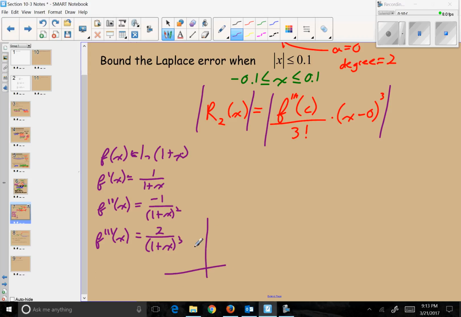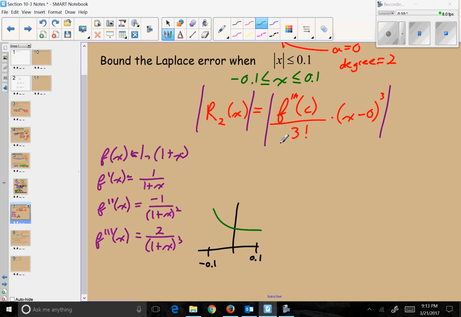Now, the general shape of this, if I'm looking between negative 0.1 and positive 0.1 for the x's, my graph is going something like this. Kind of like what we just talked about with the cosine and Maclaurin series, I want to choose a value here.